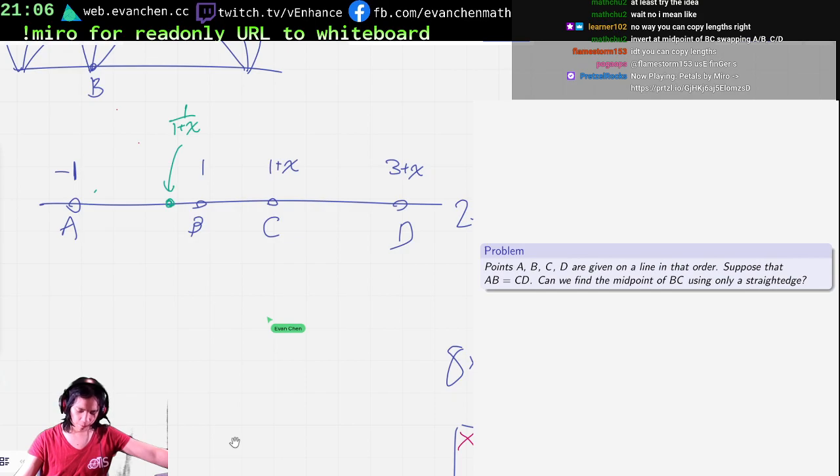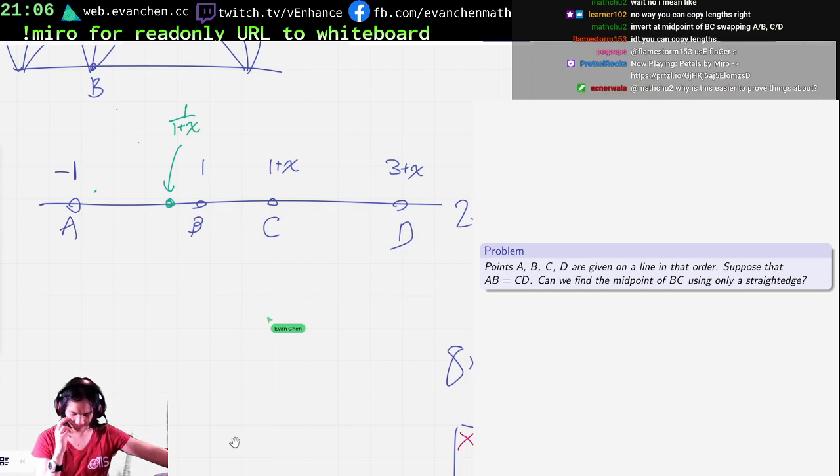Can I just construct some cross ratios blindly and hope something works?